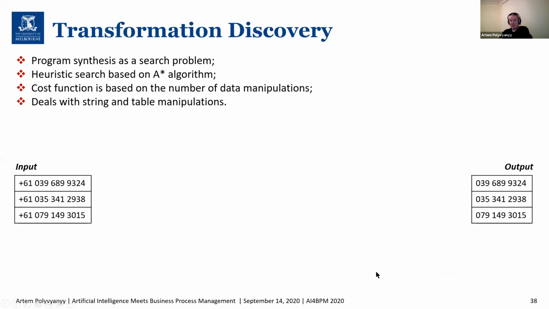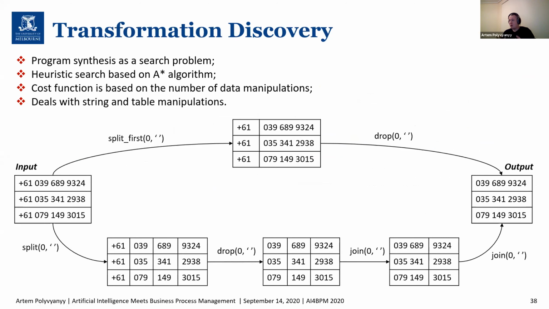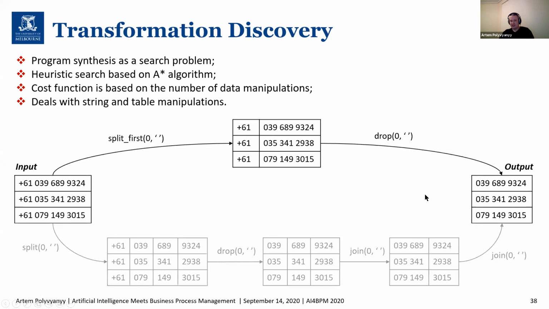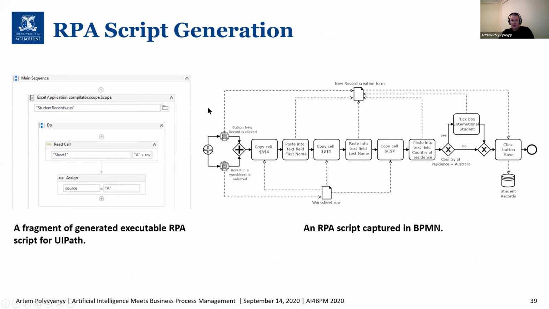In that paper, we presented two optimizations: how can we use domain knowledge about the data in order to speed up the computations? The results that we obtained were quite good. We were able to construct this transformation really fast, or sufficiently fast for our purposes. And then we automate the script.